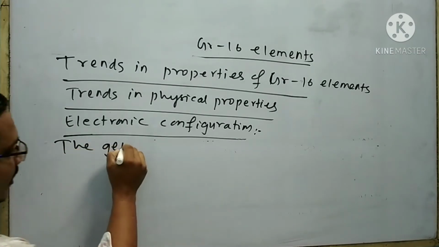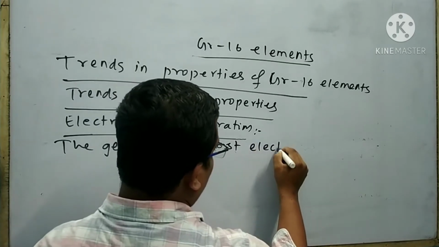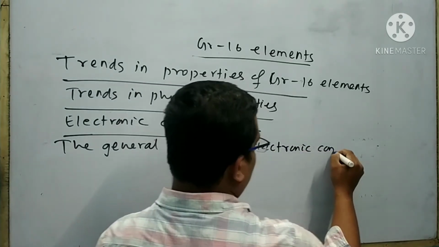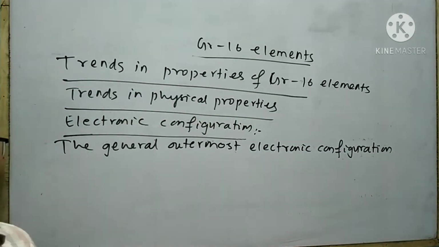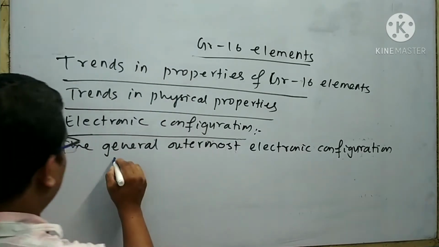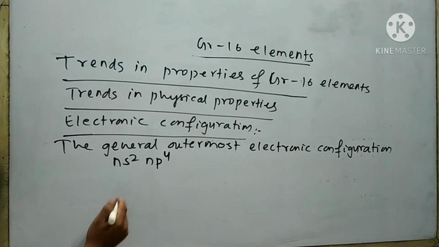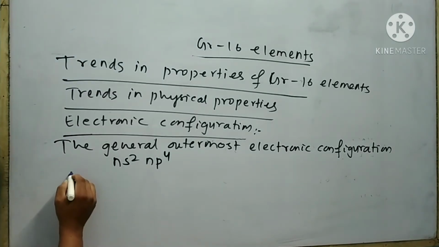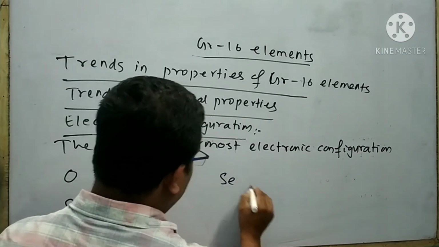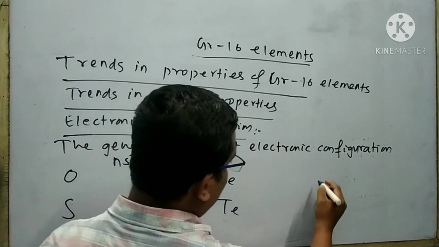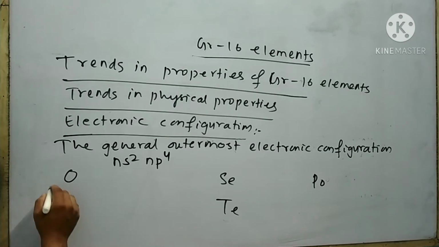The general outermost electronic configuration of group 16 elements is ns2 np4. The first element present in group 16 is oxygen, next is sulfur, next is selenium, next is tellurium, next is polonium. The atomic number of oxygen is 8.